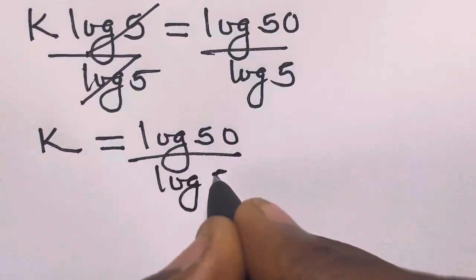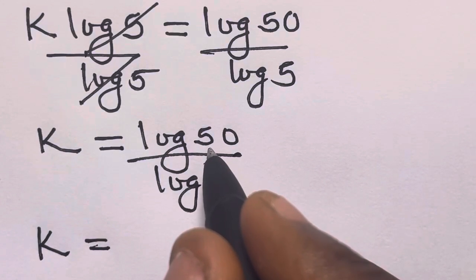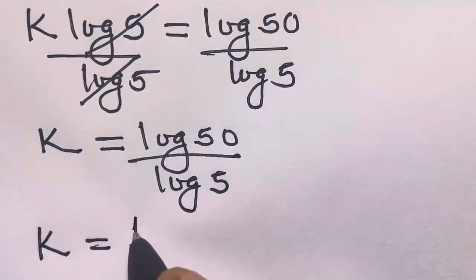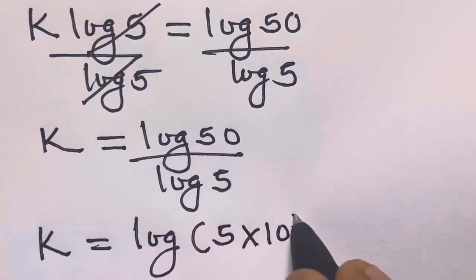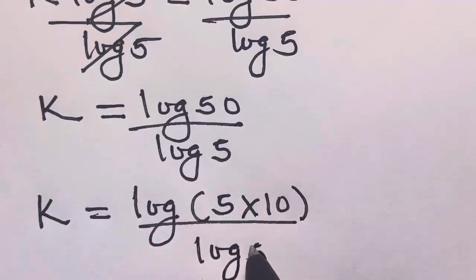divided by log 5. So we have k equals, we can actually break this 50 into the product of 5 and 10. So we have log 5 times 10 divided by log 5.